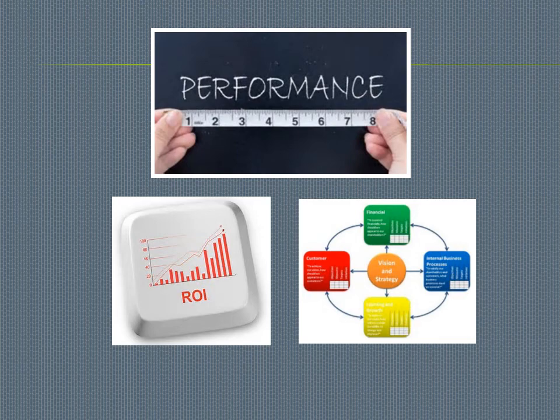When it comes to performance targets, these are developed for each of the elements in the strategy map, and financial resources are allocated to support the achievement of those targets. Monitoring and review of performance takes place by comparing actual performance against targets, and this is where performance needs to be improved.